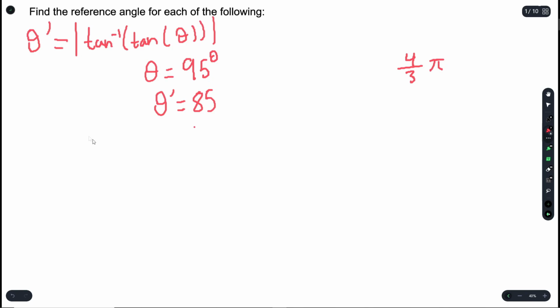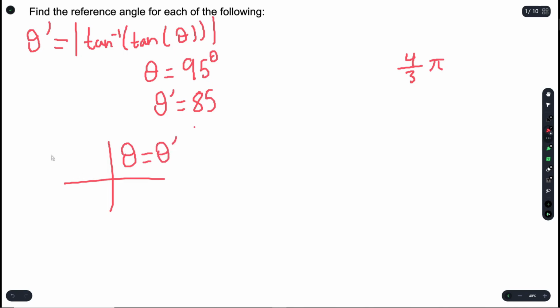And the second method, which is also important because you'll use it in other ways, is you look at the quadrant of the angle. First, we have a coordinate plane, and there's a formula for each quadrant to get the reference angle. So for the first quadrant, the angle is equal to the reference angle.